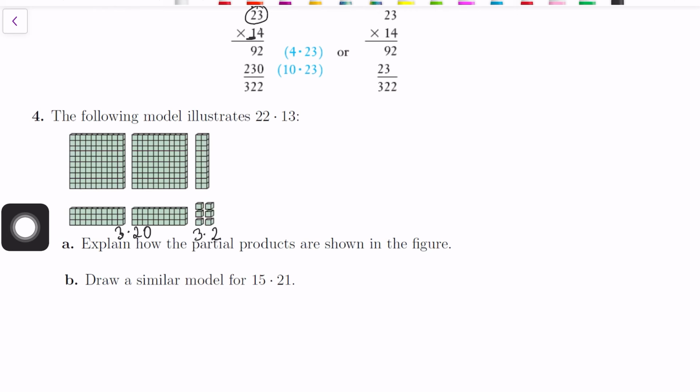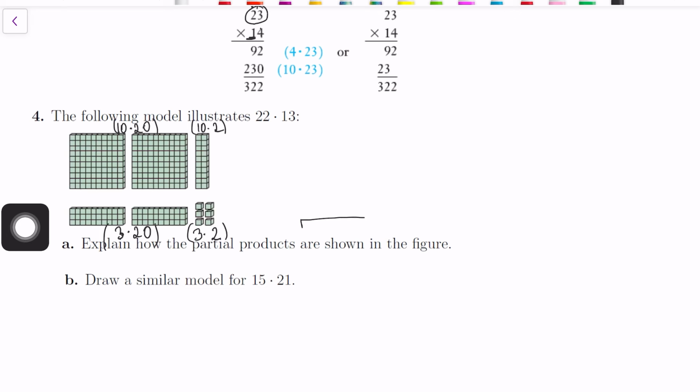Now this corner here is those 2 units, which became longs, because when you multiply by 10 it creates longs. So this is 10 times 2, this corner. And the left corner, we had 2 longs, so that was 20, and you multiply by 10, so each long became a flat.